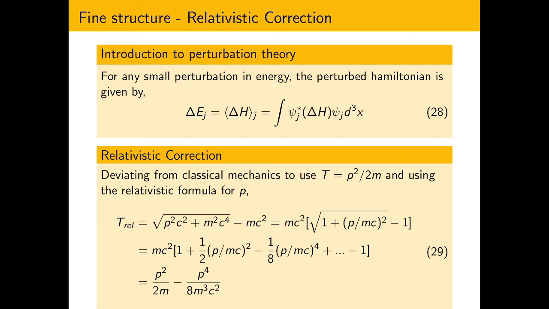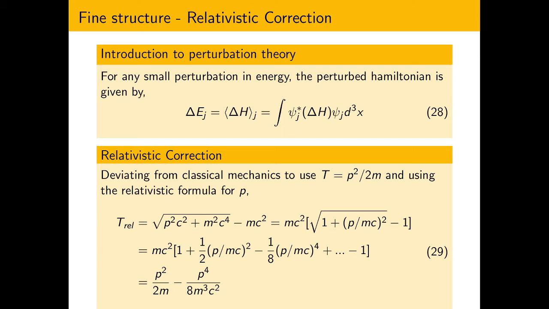When we make a small perturbation in our Hamiltonian, our H becomes H plus the change delta H. We displace the energy levels too, obviously, because our Hamiltonian is the measure of the total energy in the system.